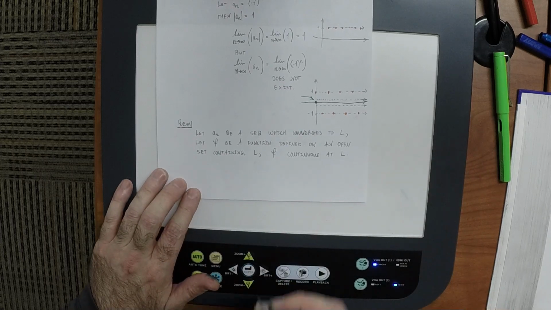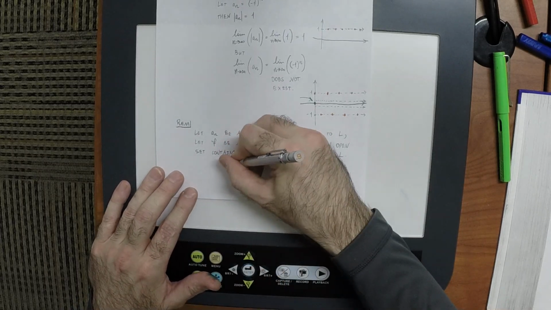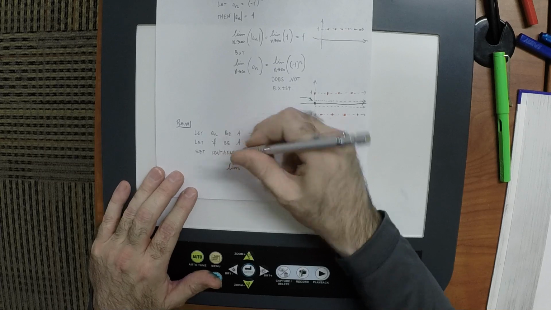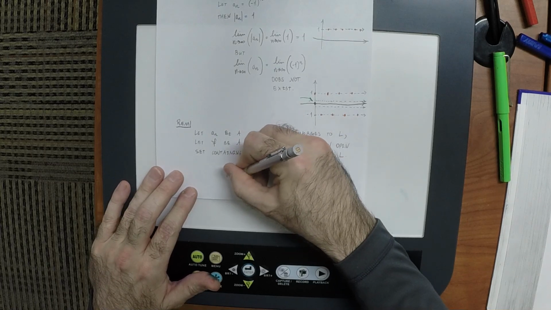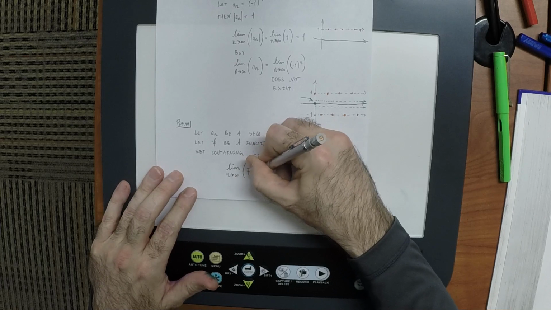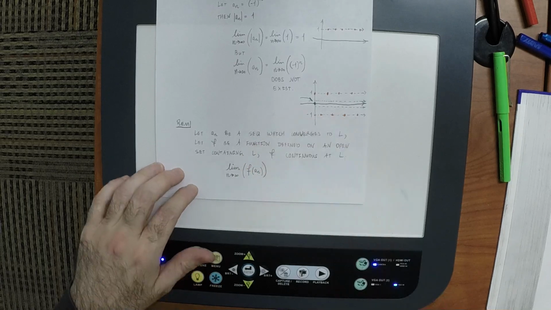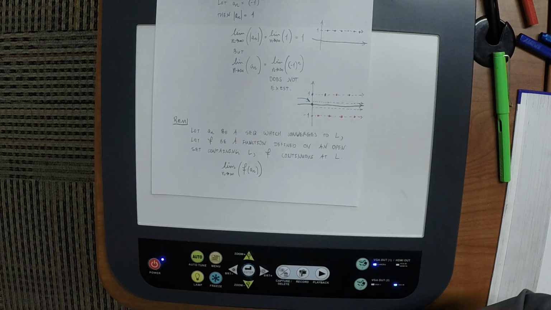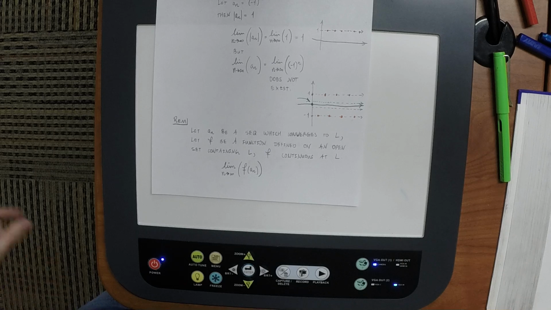Okay, so supposing all of this, then we have the following: the limit as n goes to infinity of f evaluated at a_n. So understand that there's two functions at play. The sequence is a function from naturals to reals. F is a function in the usual sense from reals to reals. And what we're saying is that we've made a composition.